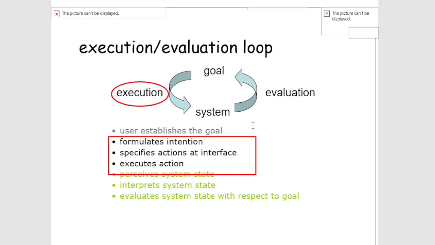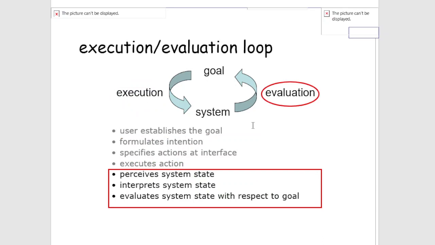After your execution happened, you are trying to perceive the system state. You achieved the goal, but here you are going to perceive the system: if the light is enough, if it is really the light that you want, and if you have enough light.